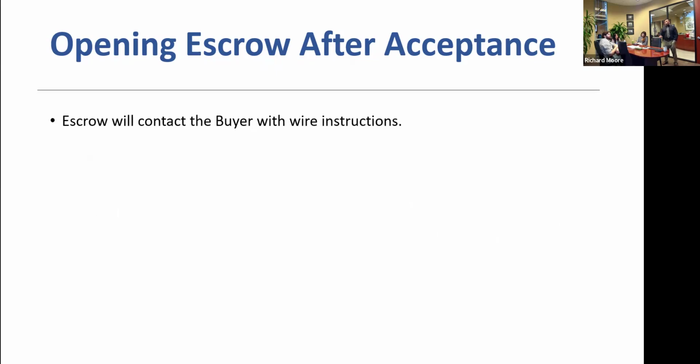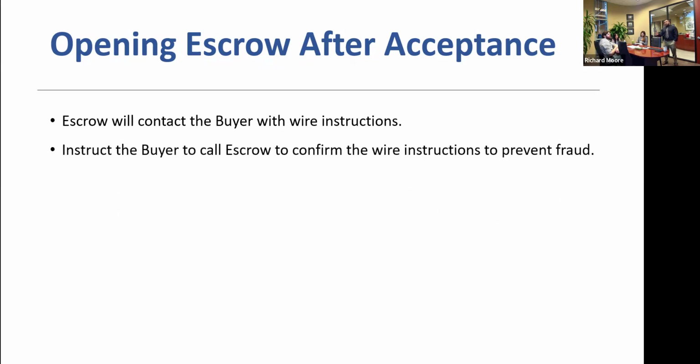So, opening escrow after the acceptance. Just so you guys know, escrow will contact the buyer with wire instructions to send the deposit. Instruct the buyer to call escrow to confirm the wire instructions to prevent fraud. This is where a lot of fraudsters end up making a lot of money, and buyers lose a lot of money. They intercept communication between buyer and escrow.